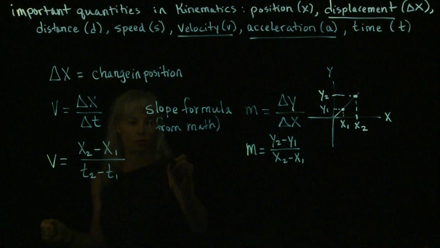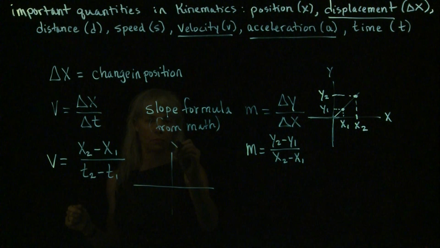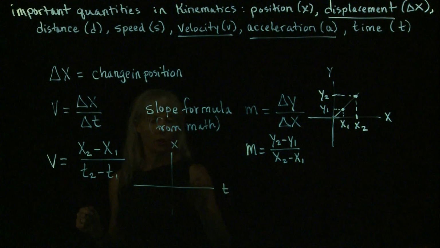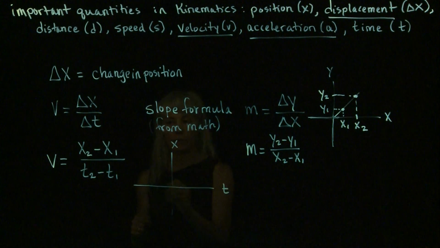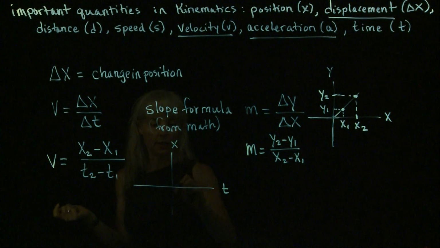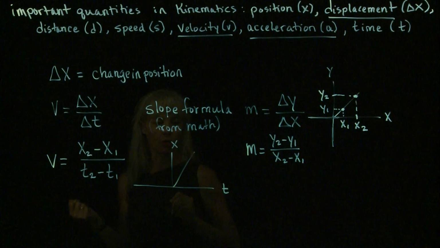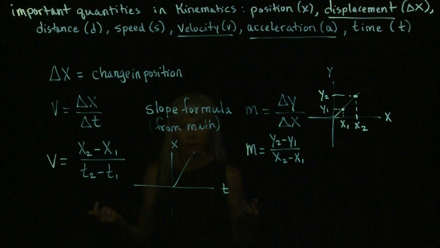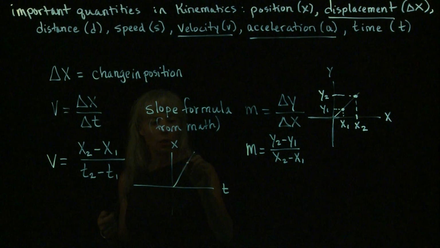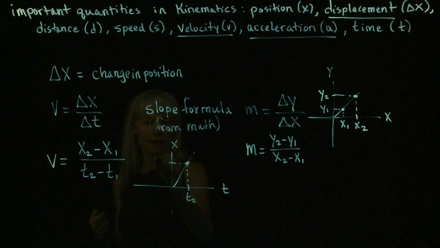So if we have a position versus time graph, position on the vertical, time on the horizontal, we have an object, let's say, that is traveling along a curve that can be described by a straight line again, and we look at two particular times, this one being T2, the object is at location x2.